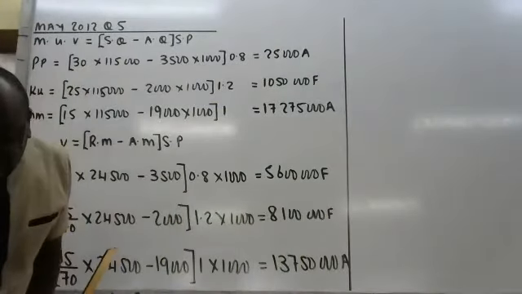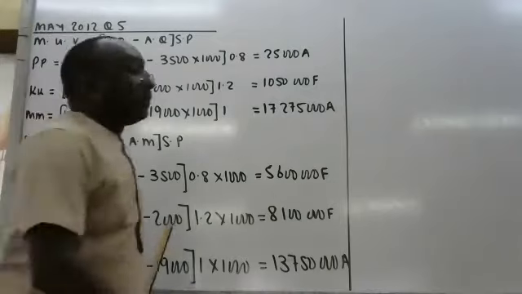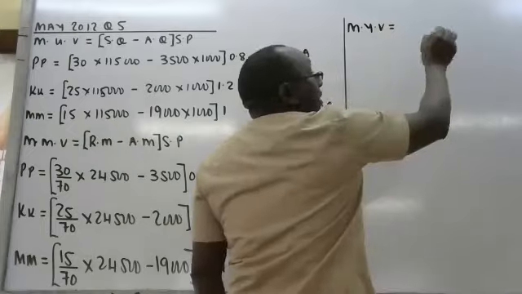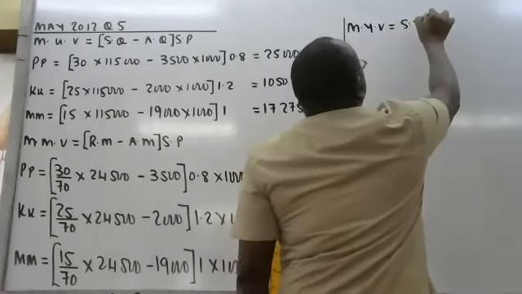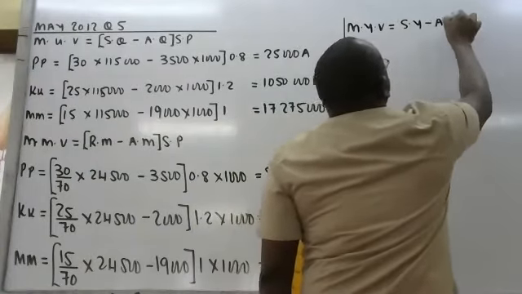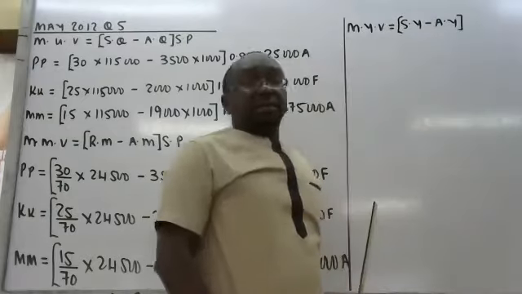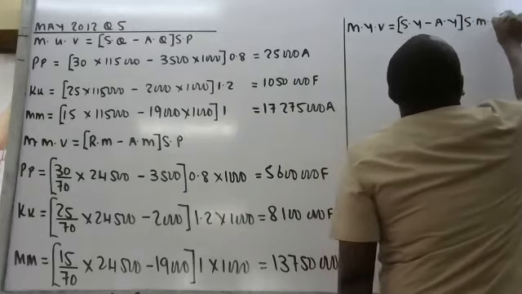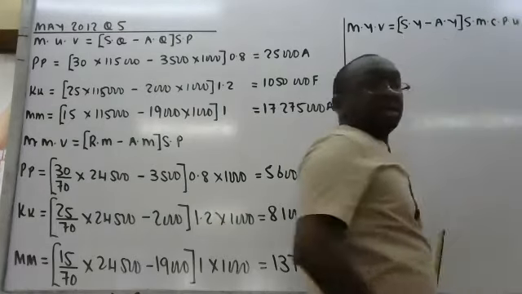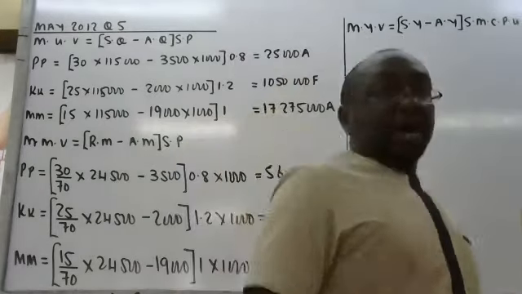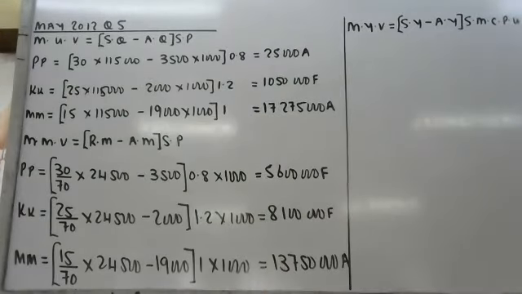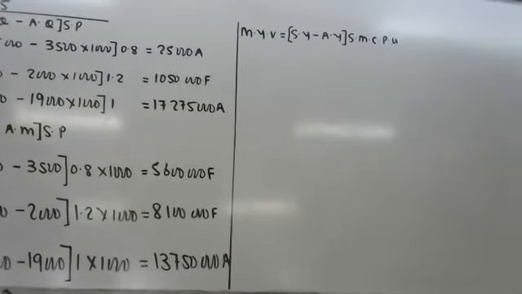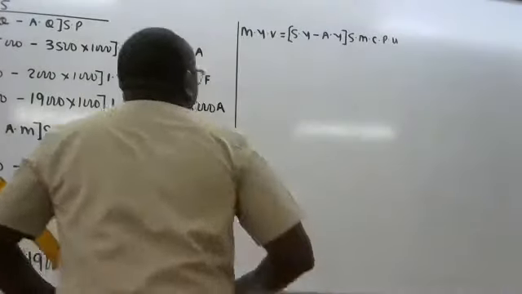Where was the next one? It is called material yield variance. Material yield variance, we say the standard yield minus actual yield, you multiply by standard material cost per unit.